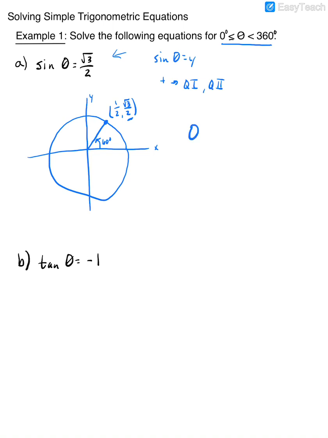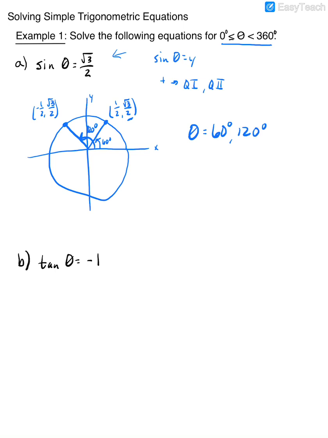So that's one of your answers right there. Okay? Now, looking over on the other side, I would hope you notice for 120, you get negative 1/2, comma, square root of 3 over 2. So you also get square root of 3 over 2, so then 120 is also an answer.